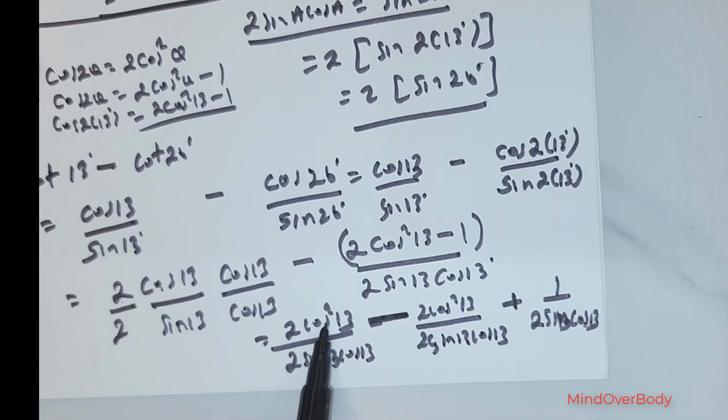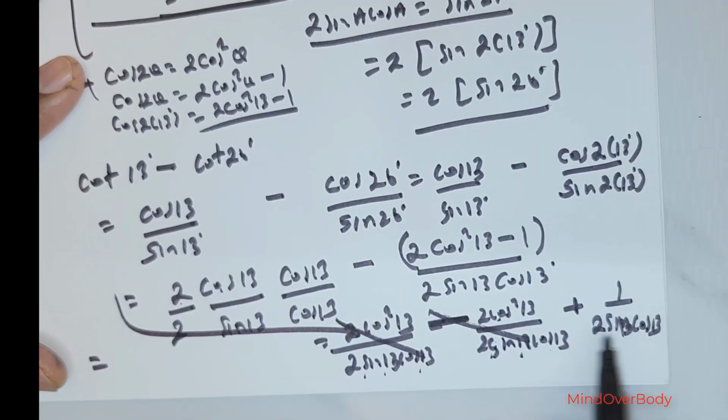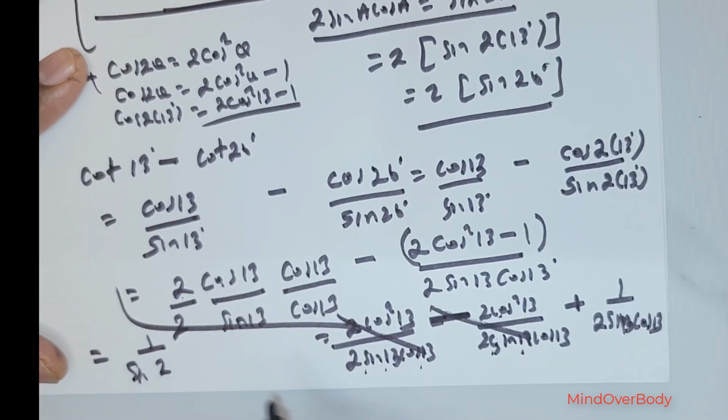Now 2 cos squared 13 divided by 2 sin 13 cos 13, followed by negative 2 cos squared 13 divided by 2 sin 13 cos 13. So they get cancelled, giving me 1 over 2 sin 13 cos 13. What is that? That's nothing but 1 over sin 2A, and 13 is my A, so that's 1 over sin 26 degrees.